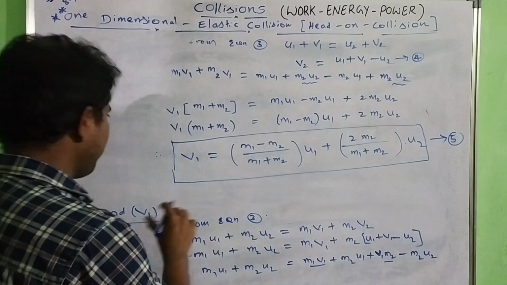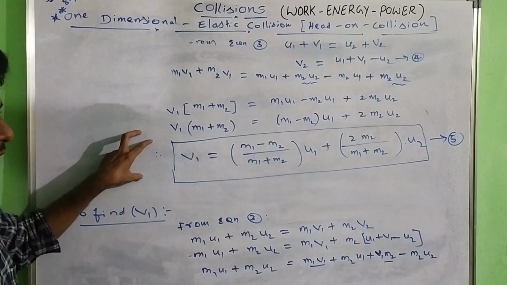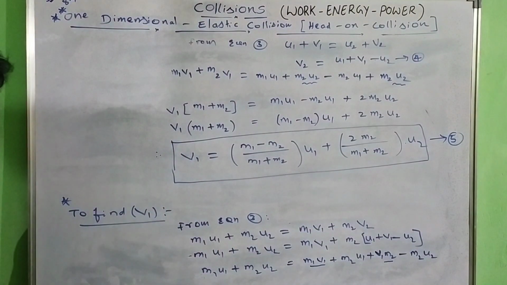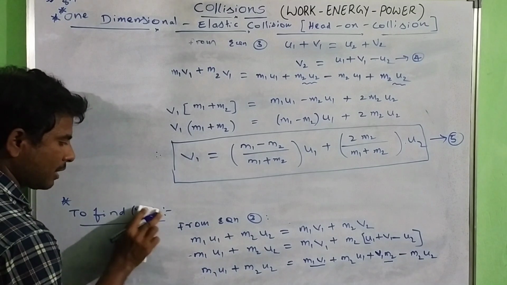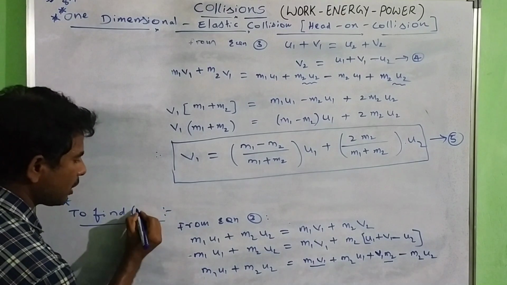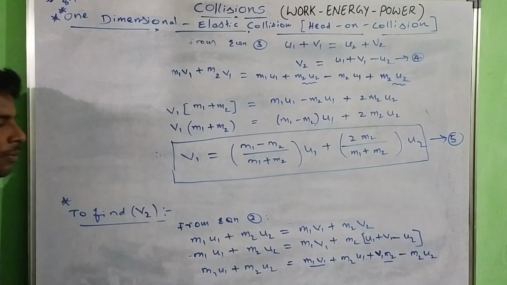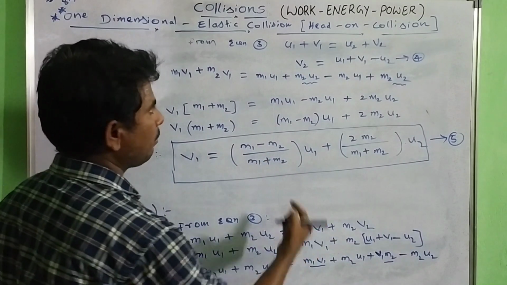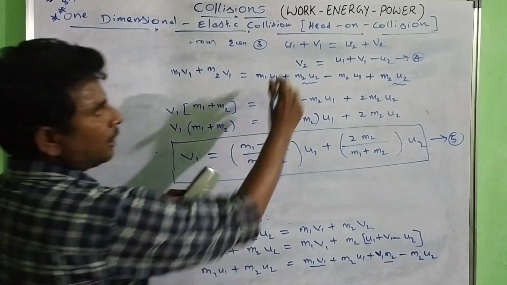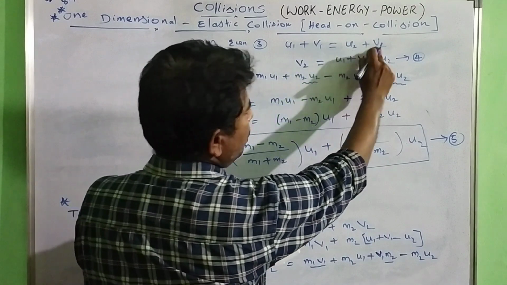Again, to find velocity v2 we use equation 3, u1 plus v1 equals u2 plus v2.